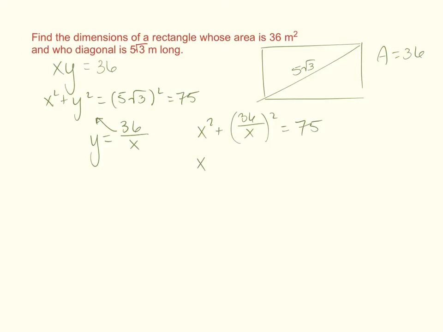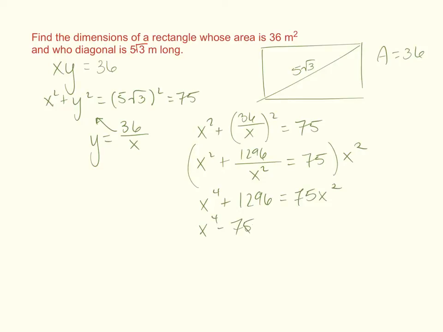So then we get x squared plus 1,296 over x squared is equal to 75. Common denominator is x squared. So x to the fourth plus 1,296 is equal to 75x squared. Move the 75x squared to the other side. And then I just did the prime factorization of 1,296 to try and figure out my factors.